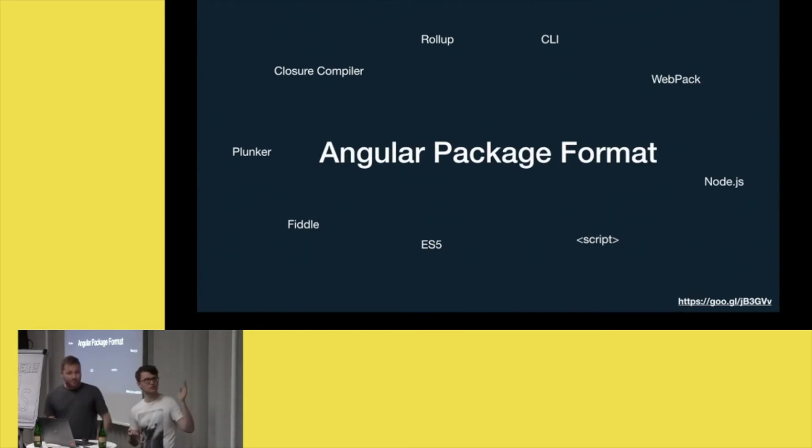So if you want to do rapid prototyping in Plunker and Fiddle, you have to provide UMD bundles that can just be used in a script tag, for instance. And you also have to ship the typings and the meta information, for instance, for the AOT compilation.